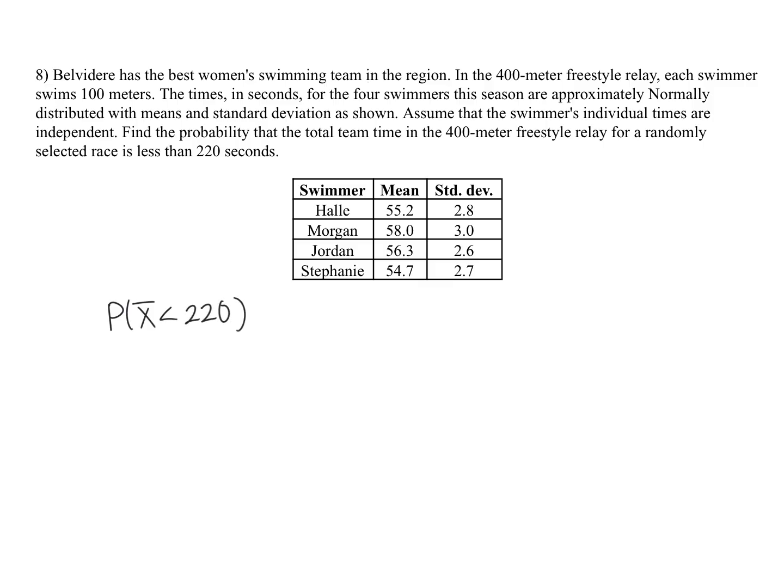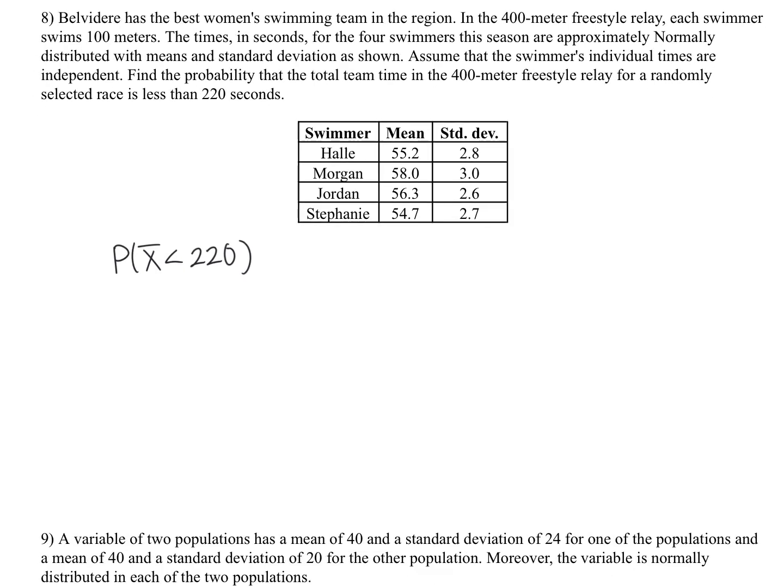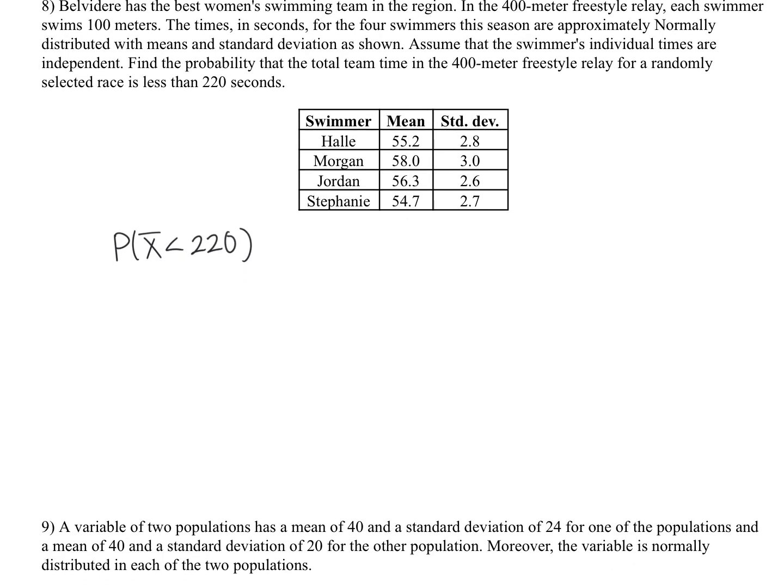So the mean of this sampling distribution is calculated pretty straightforward. You just add them all together. So the mean of X bar is going to be the means of all 4 added together, which is going to be 224.2. Standard deviation is slightly different.